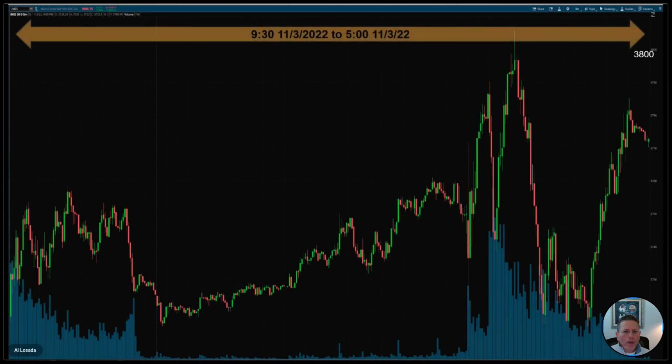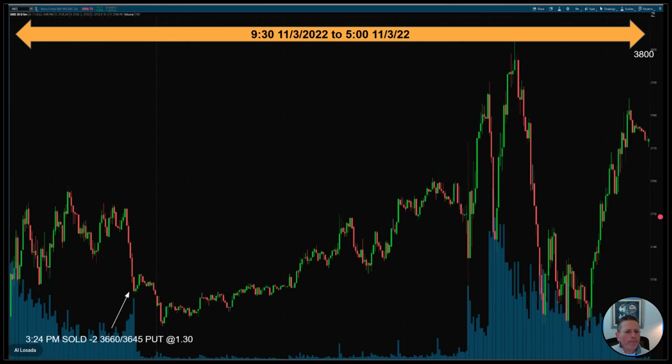All right, now we're going to go and put on a put spread. Okay. 15 wide, and this put spread was $1.30. And what do you get for $1.30? It's around 60, basically half of that. Okay.